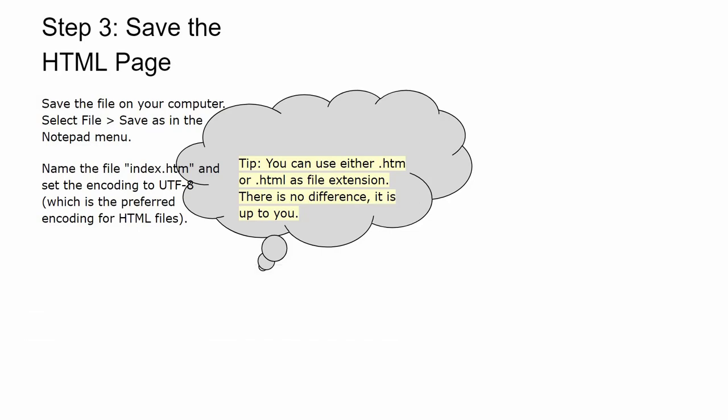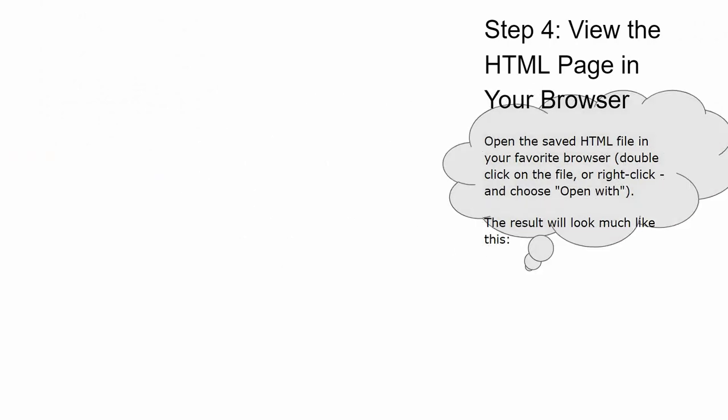Now just move to step 4. Step 4 is to view your page in your browser, the file that you have saved on your computer. There are different ways that you can open that file in your browser. The first and easiest is that after saving the file with the HTML extension, its icon might change into a browser logo.